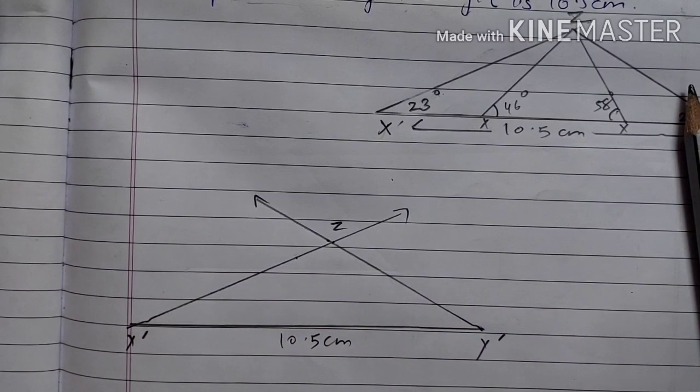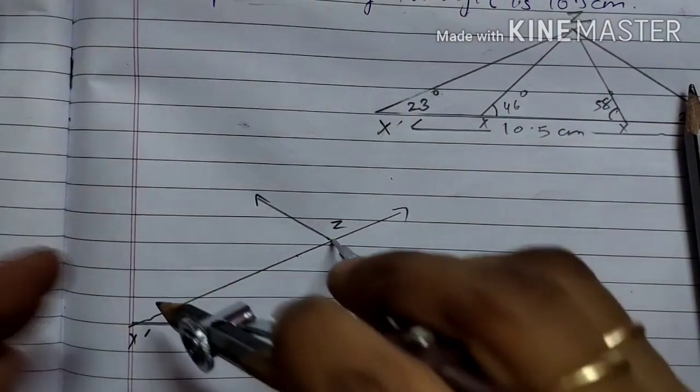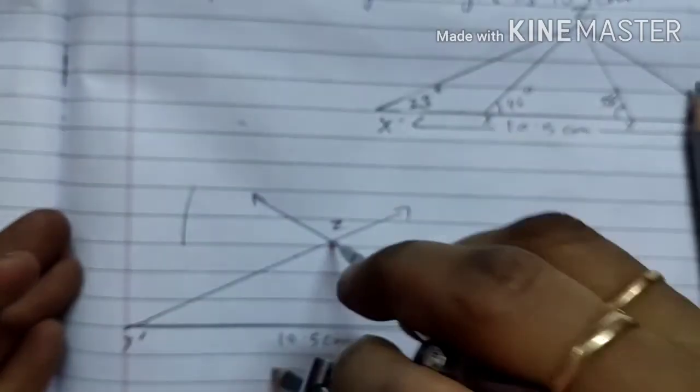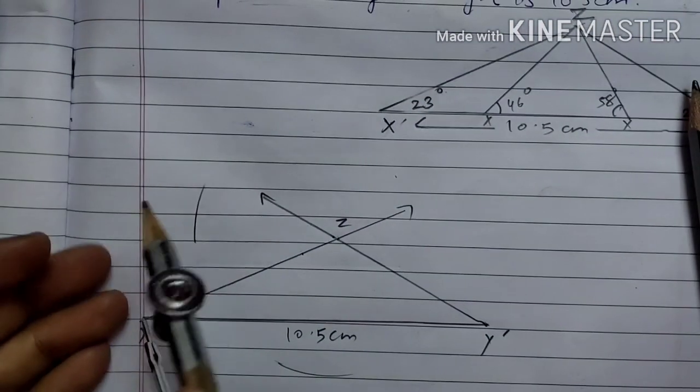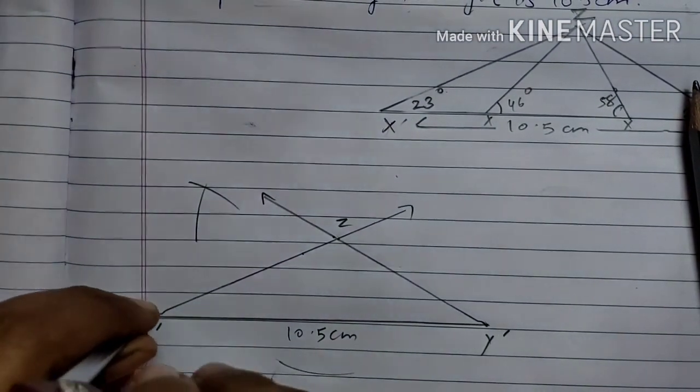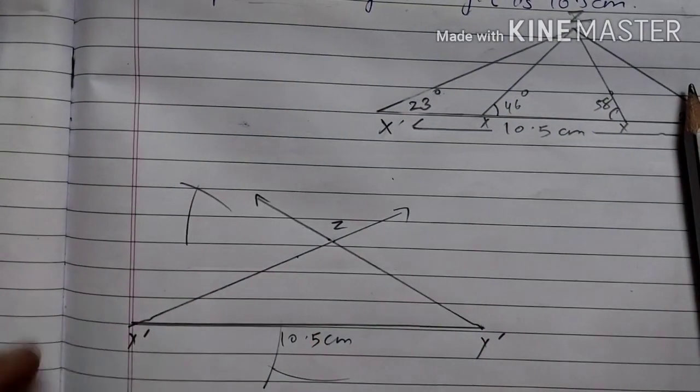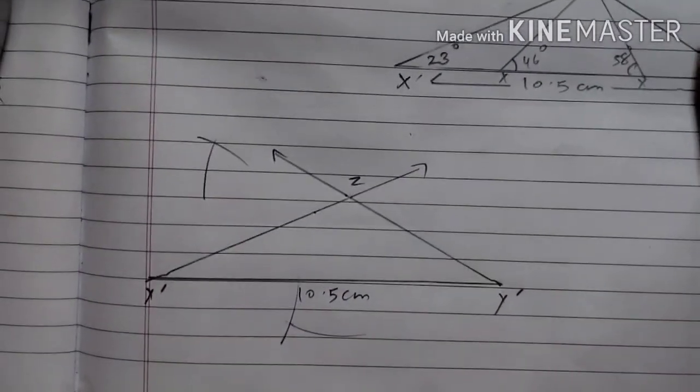Now by using the compass, draw the perpendicular bisector of Y dash Z and X dash Z. By taking the distance more than half distance, draw the perpendicular bisector of these two sides.